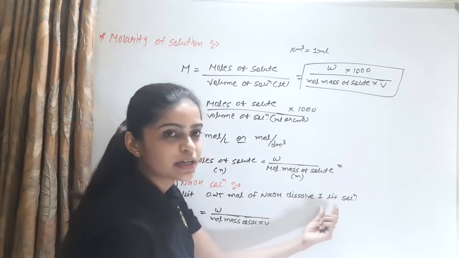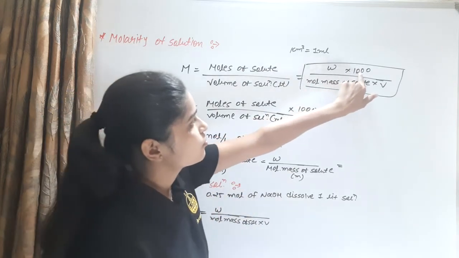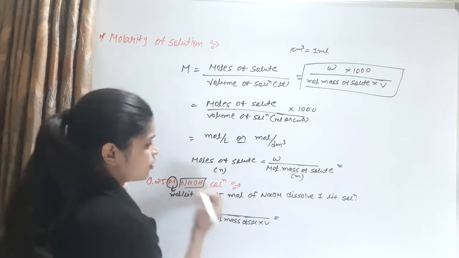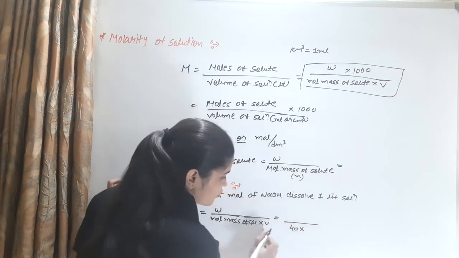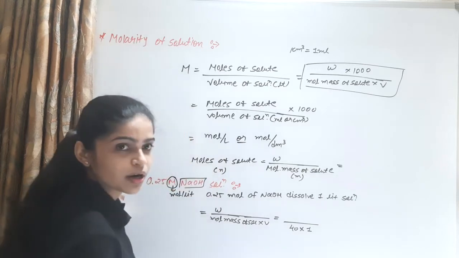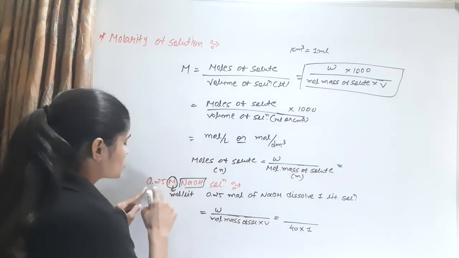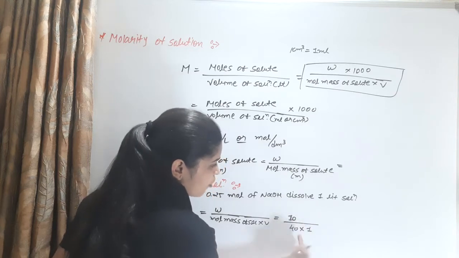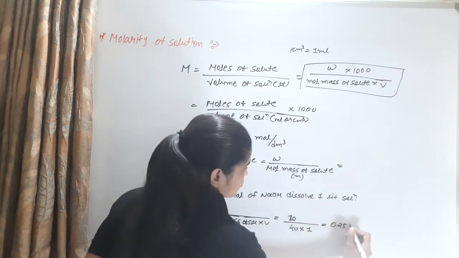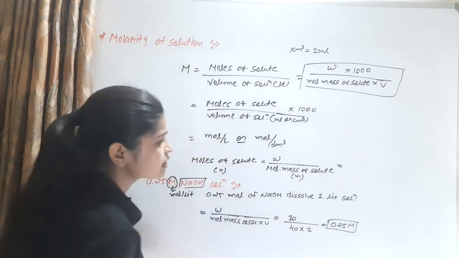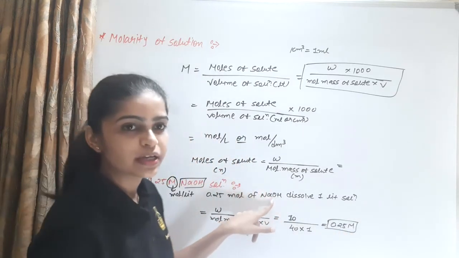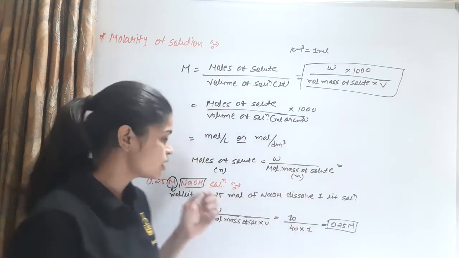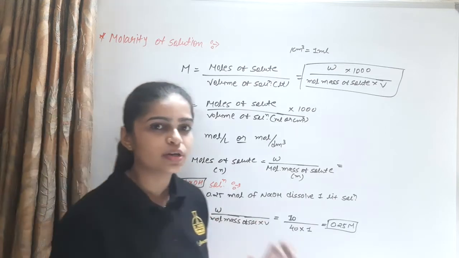This is given as 1 liter, so it is not multiplied by 1000. The molecular mass of NaOH is 40 and the volume of solution is 1 liter. So the value is 10 divided by 40, which gives 0.25 molar. So we can say that 10 gram of NaOH dissolved in 1 liter of solution gives a 0.25 molar NaOH solution.